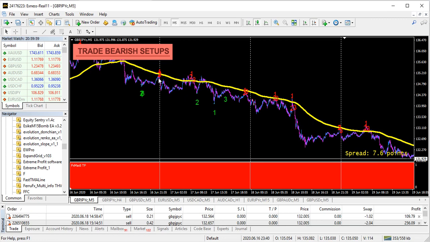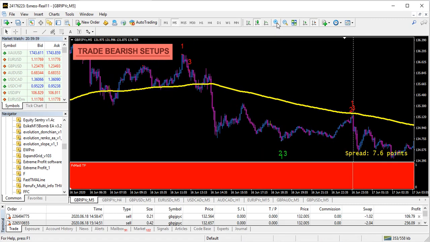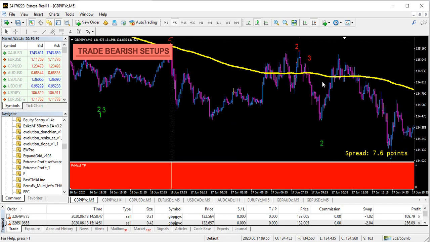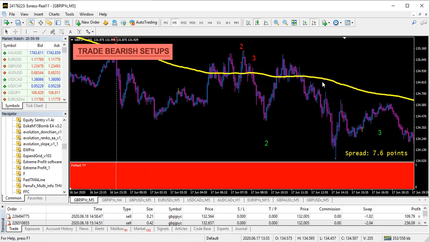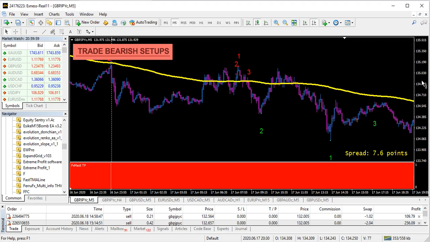If you take this entry for a sell, this is how the indicator looks. Here it didn't actually touch the 200 moving average, so you can skip this. But here price touches the 200 moving average, so you take this. The risk to reward ratio is 1:3.